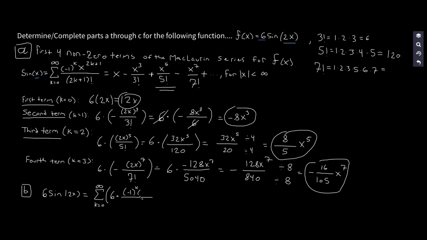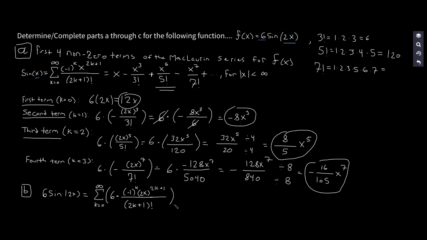Still raised to the power of 2 times k plus 1. And that factorial is just going to stay the same. There's not anything that's going to change with the denominator. So this would be how to write the power series using summation notation.